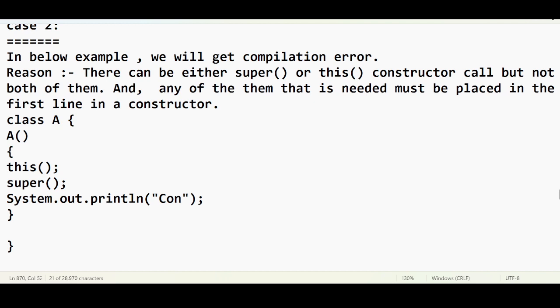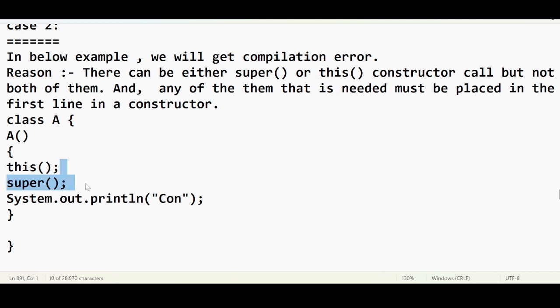Case 2 says I deliberately used the this keyword as well as the super keyword. The rule says either use this or super. You cannot use both. If you use both at the same time, again there is a violation. The super constructor call is positioned in the second line or second instruction of the constructor.